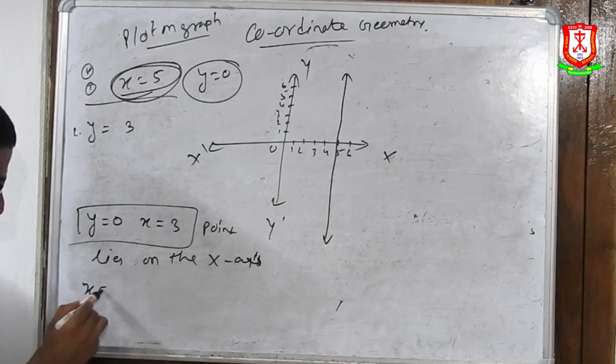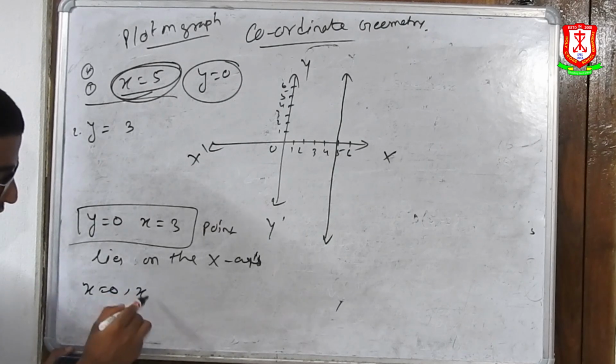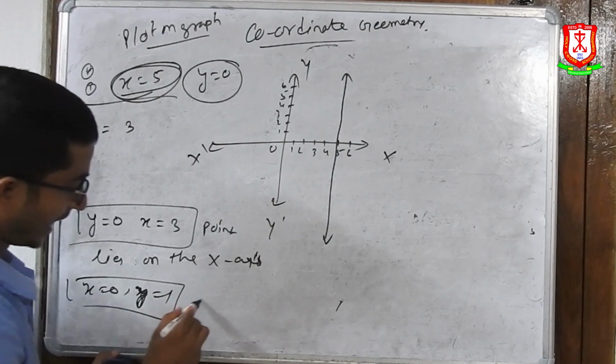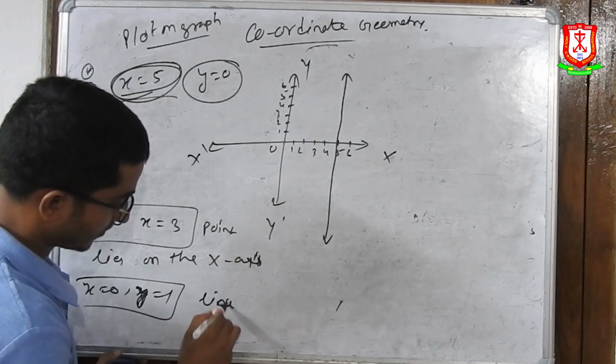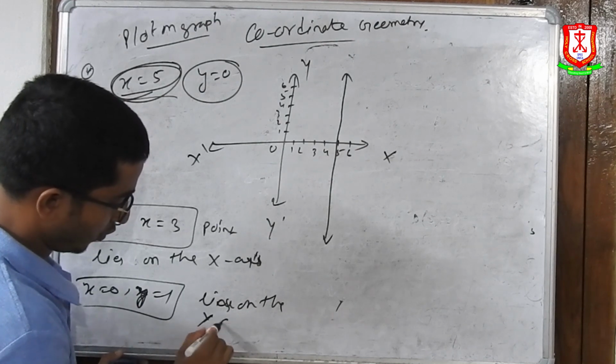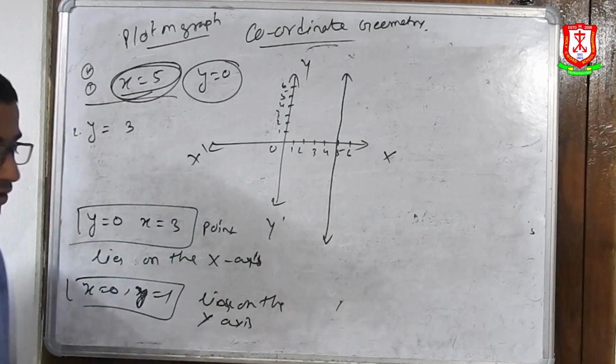When the value of x is 0 and the value of y is given something, suppose 1, then it always lies on the y-axis.